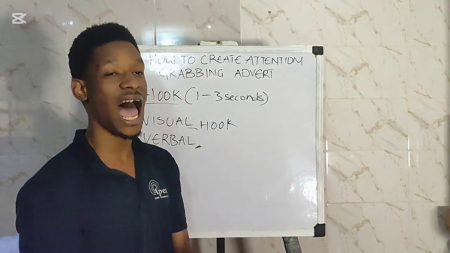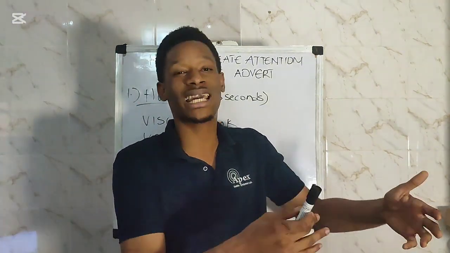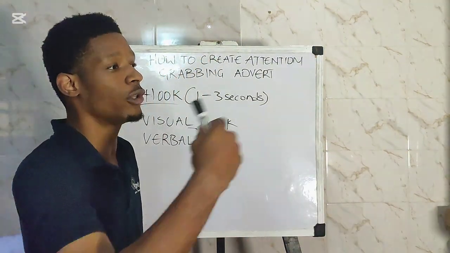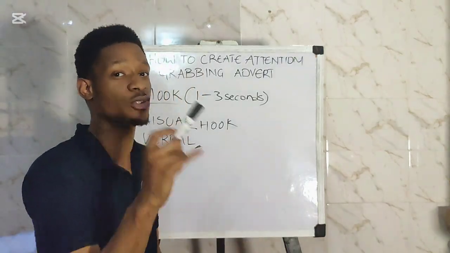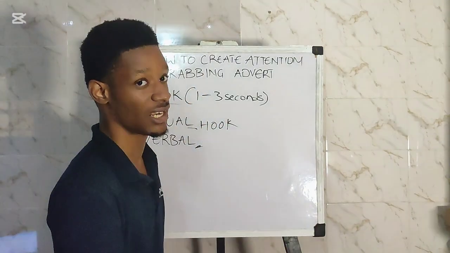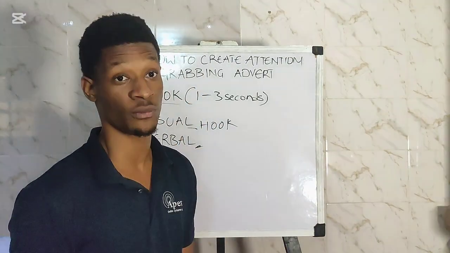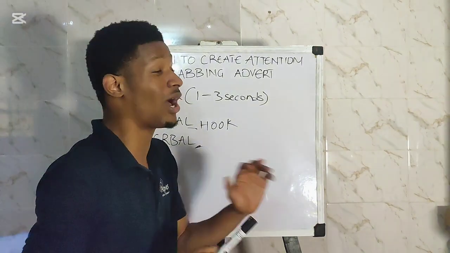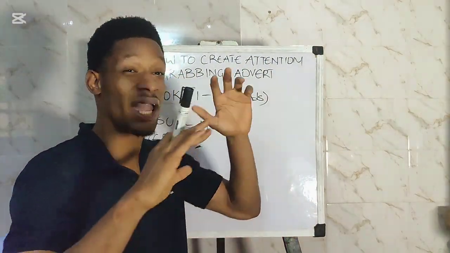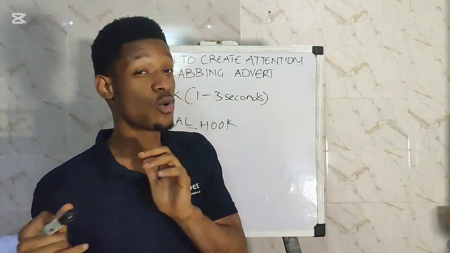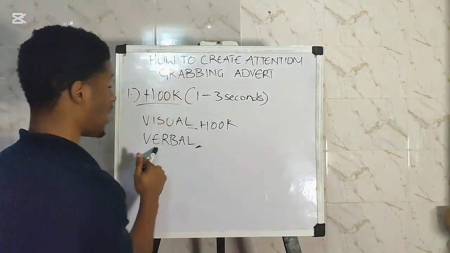And you told them that there's a solution to their problem, which is going to create curiosity because they want to find out what that solution is. That's exactly what you call a verbal hook. You understand? That is quite simple. You don't have to do anything crazy on your screen to actually hook people's attention using a verbal hook.